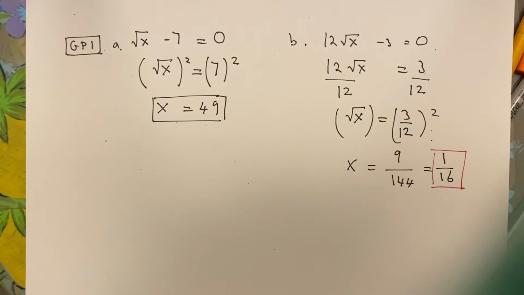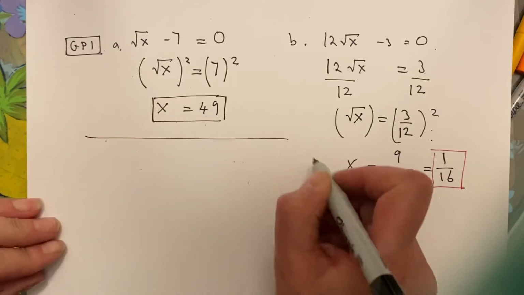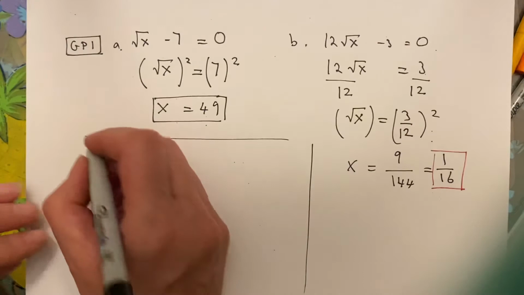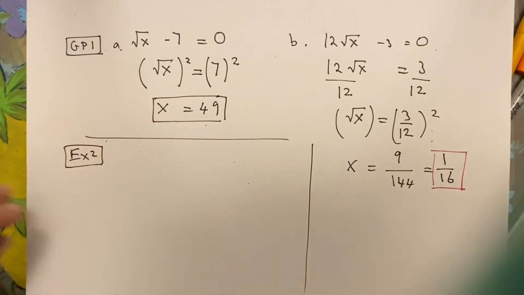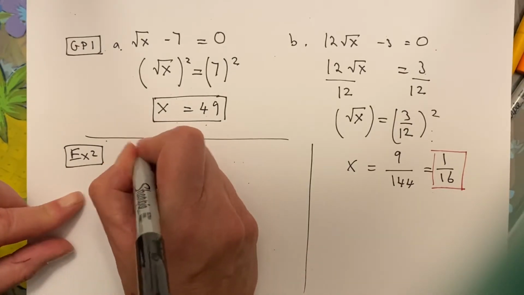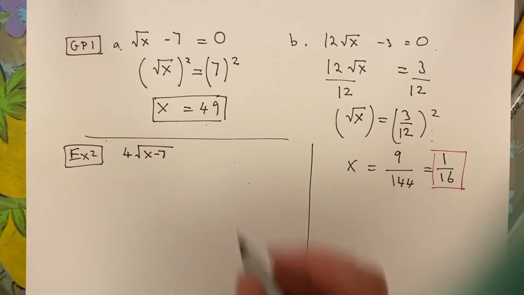Okay, let's look at example 2. I'm just going to draw some lines here so we don't get confused. I have 4, and this time x minus 7 are both under the radicand.